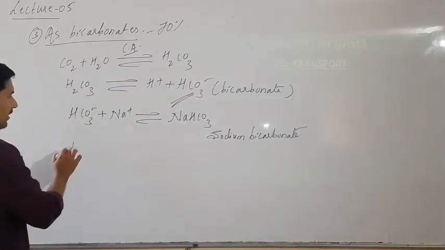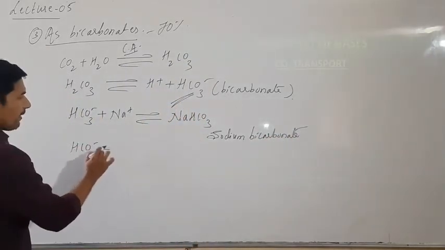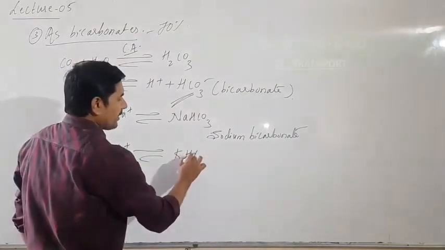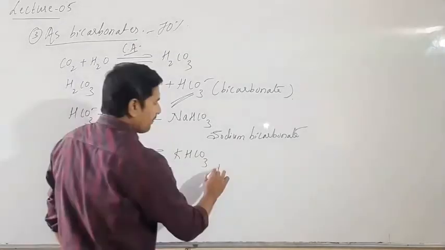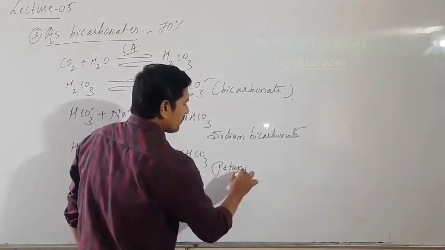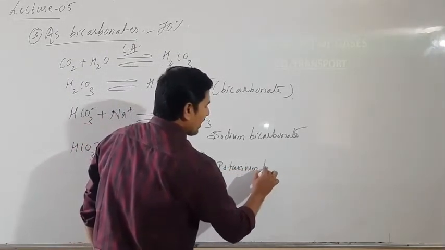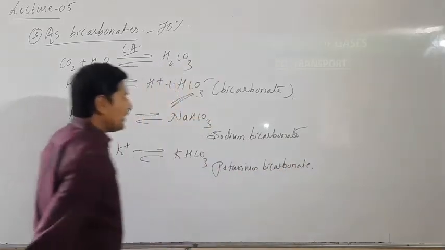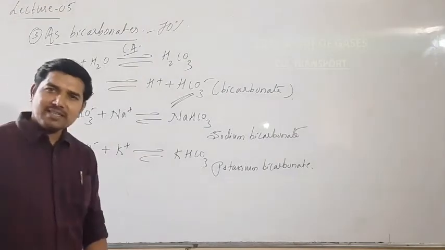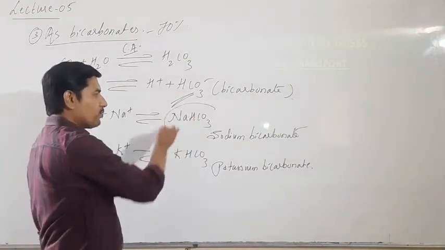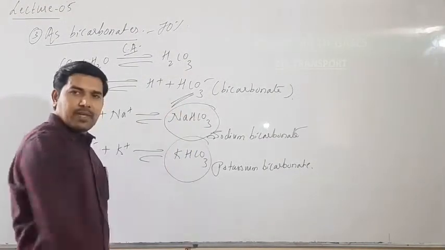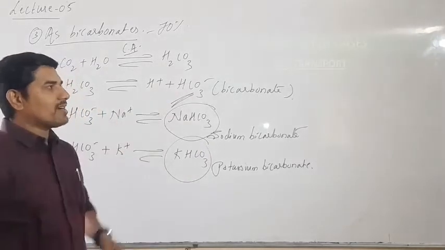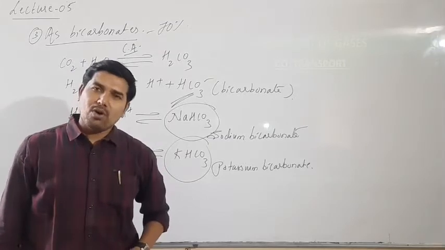And similarly, these bicarbonate ions will combine with the potassium ions to form into KHCO3, which is called as a potassium bicarbonate. That means 70% of the carbon dioxide is transported in the form of sodium bicarbonate and potassium bicarbonate towards the lungs. This is how the transport of carbon dioxide occurs.